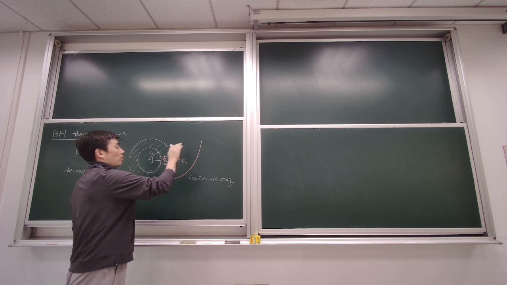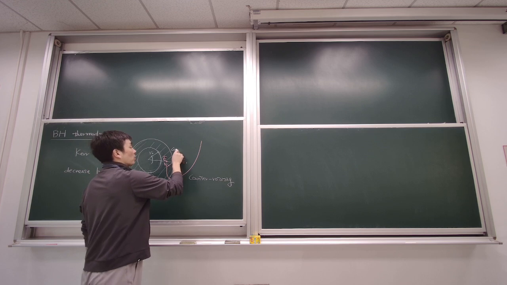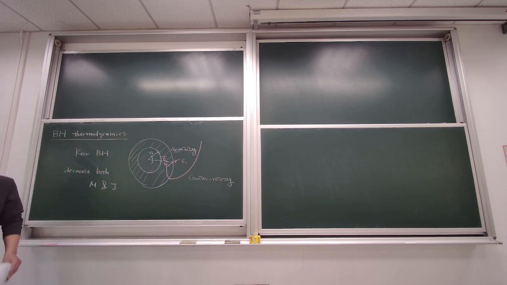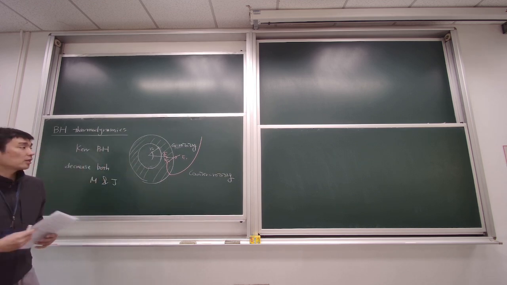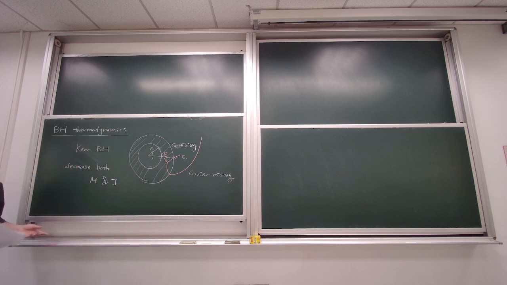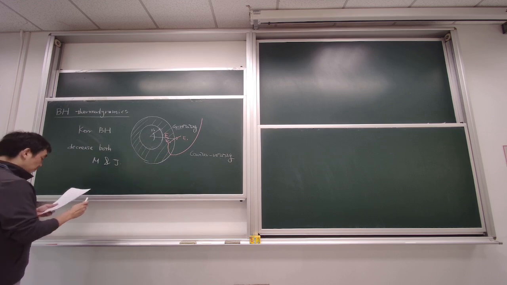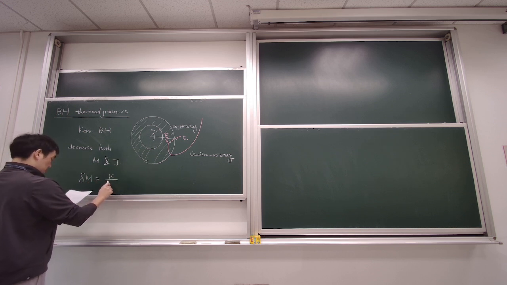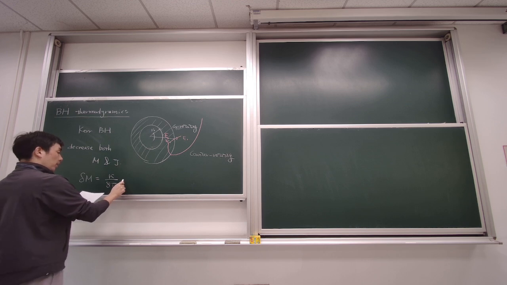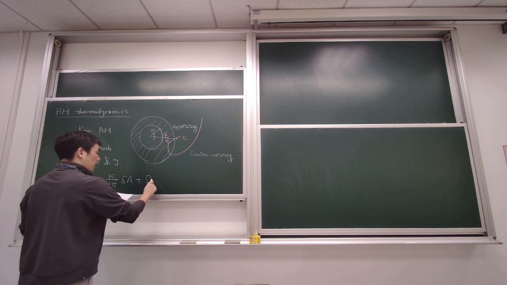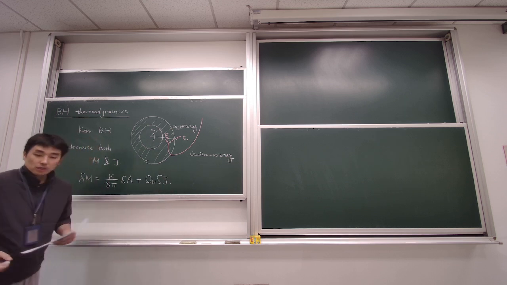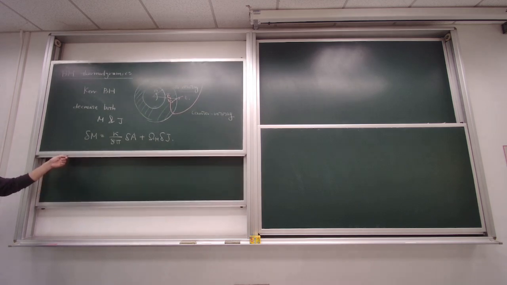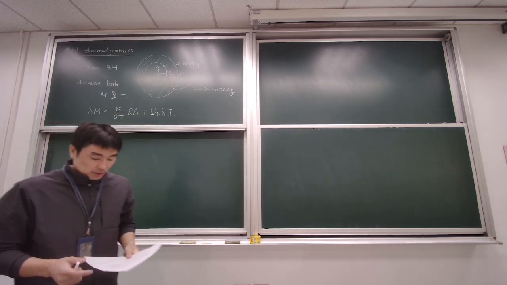So the particle which comes out of the Kerr black hole is co-rotating, and therefore one can also extract the angular momentum J. Both M and J. And the total process is given by what we saw: delta M is kappa over 8 pi delta A plus omega H delta J. The total process is given like this.